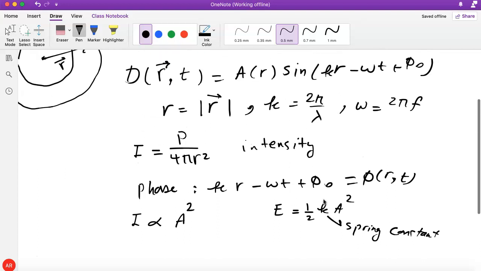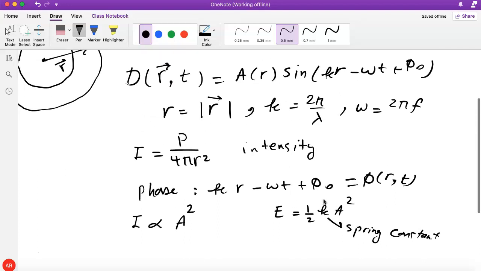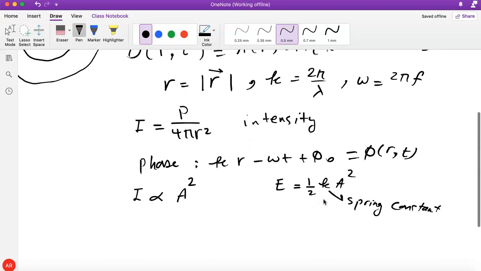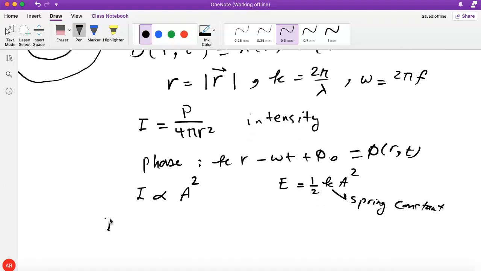So that tells us what happens for a wave in 3 dimensions, right? In 3 dimensions, we know that the intensity goes as 1 over r squared, so I is proportional to 1 over r squared.